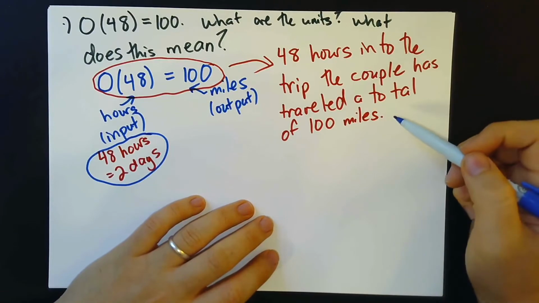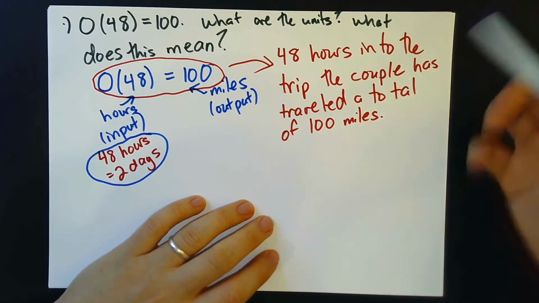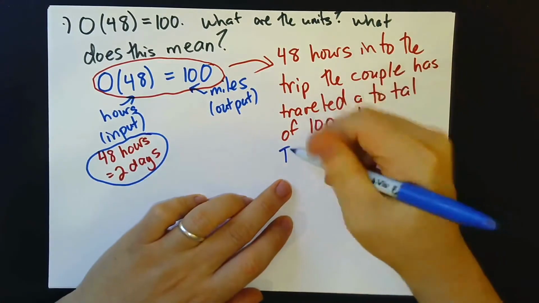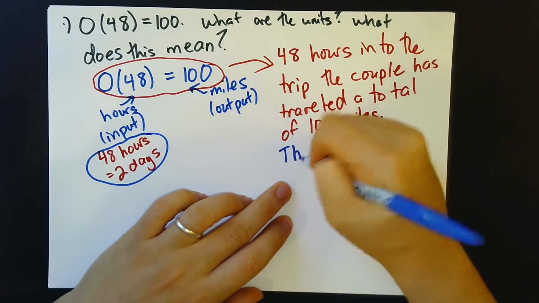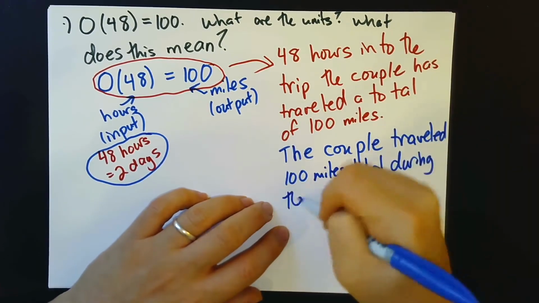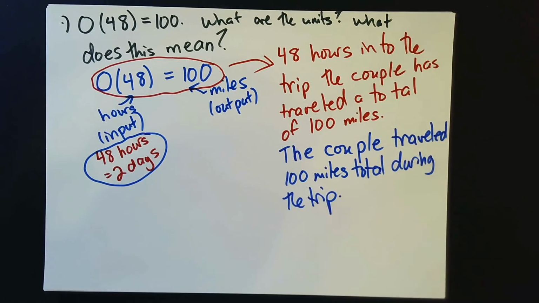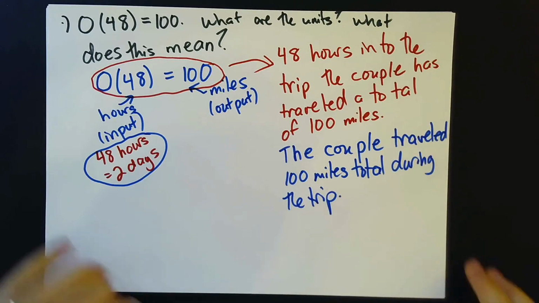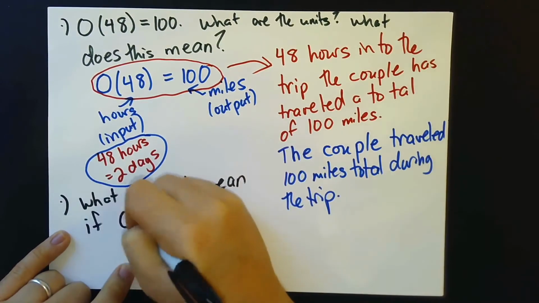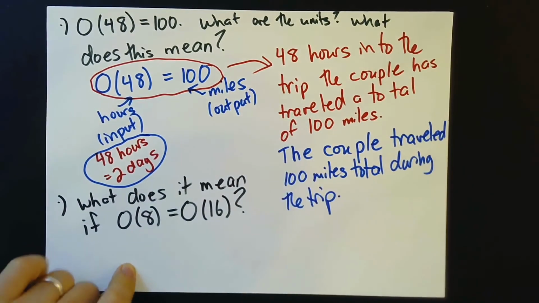It tells me that the total distance they traveled over the whole trip was 100 miles. So if we add a little bit of additional information, we can get that the couple traveled 100 miles total during the trip. Next question. What does it mean if I tell you that O of 8 equals O of 16?